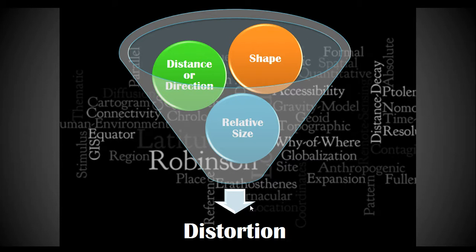Sad would be shape, another way to say size would be area, distance, and direction, SADD. So distortion can be talked about several different ways: size, shape, distance, and direction. Or if you refer to size as area, then it is SADD when we have distortion: shape, area, distance, and direction.